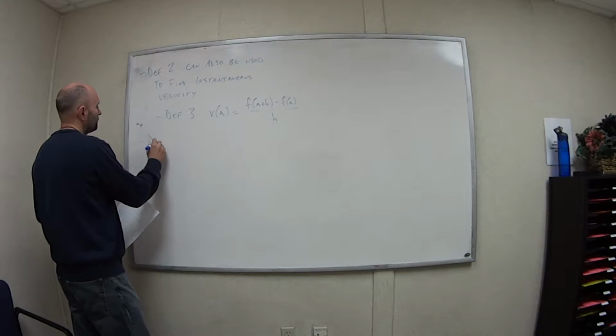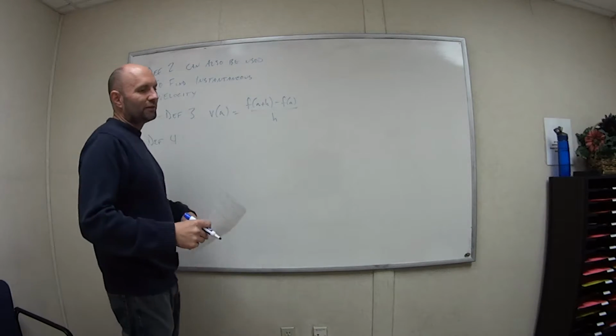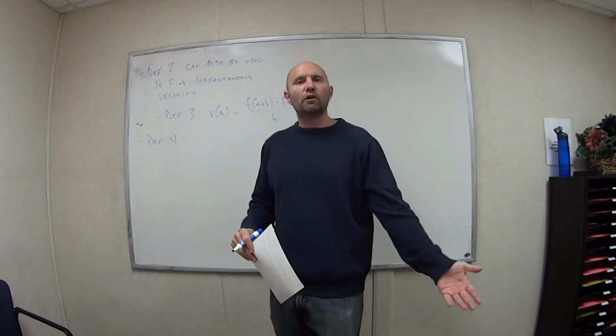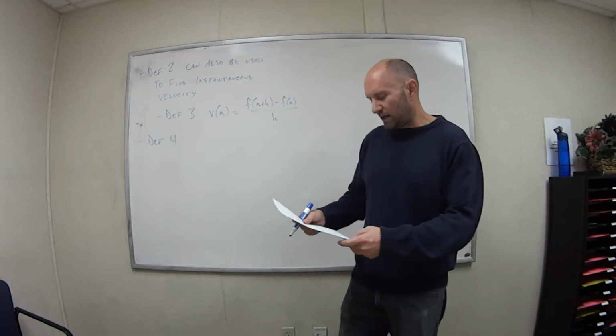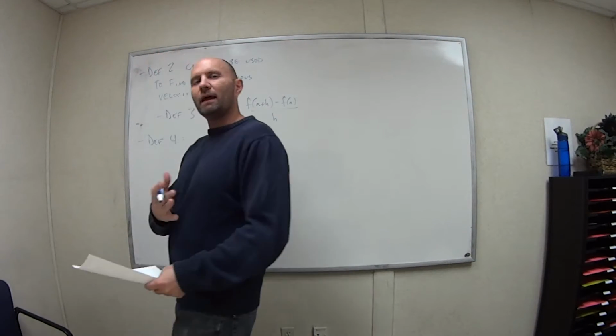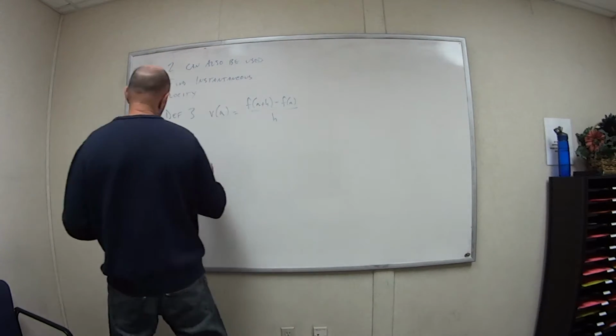We have definition 4. So instead of saying, well, this is the slope, or this is the instantaneous velocity, or this is the instantaneous rate of change, we just call it, as this chapter and the section alluded to, the derivative.